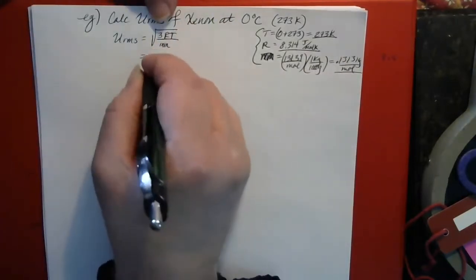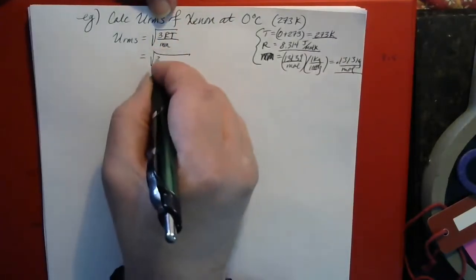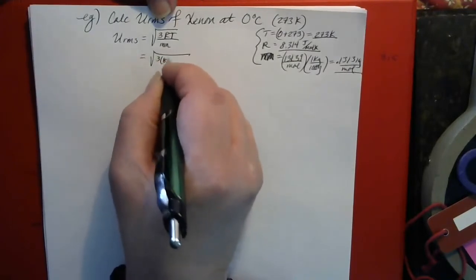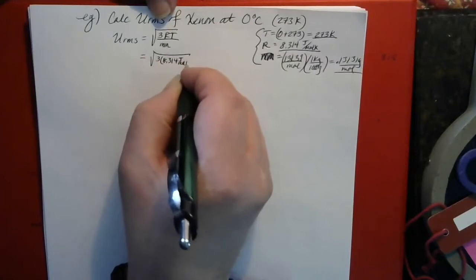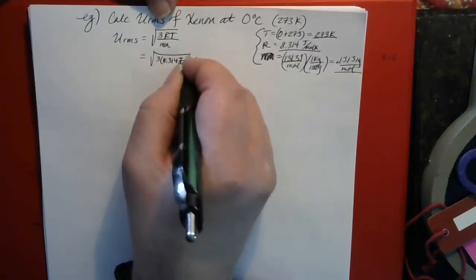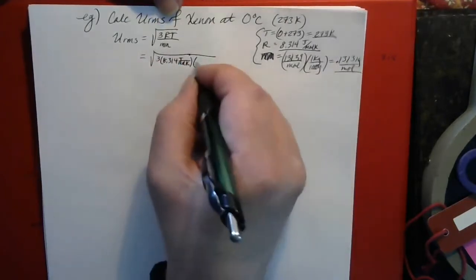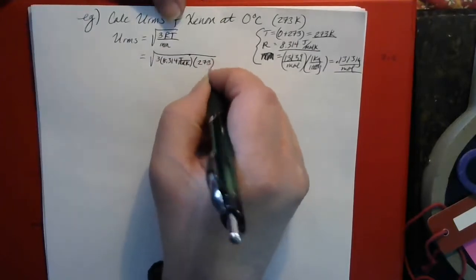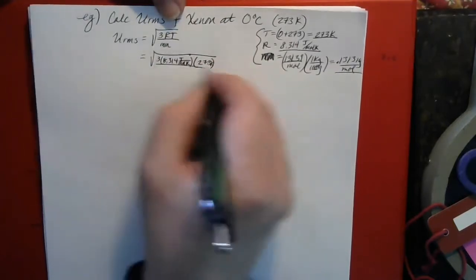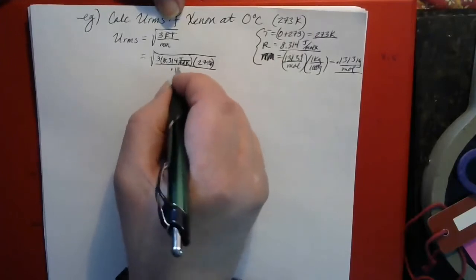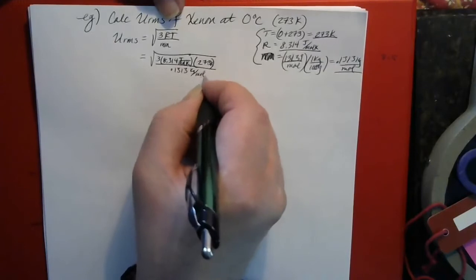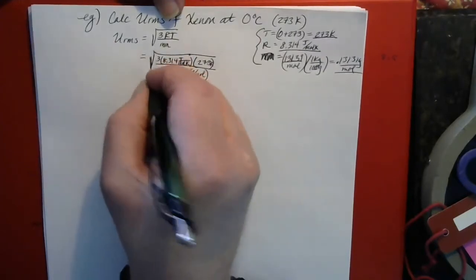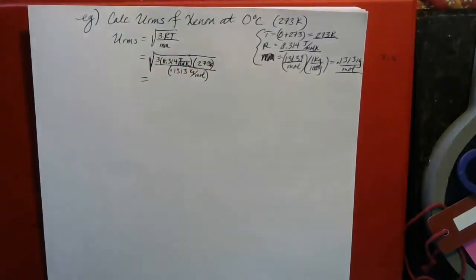And so we can put these into the equation where you have the square root of 3 times 8.314 joules per mole Kelvin times 273 K all over 0.1313 kilograms per mole. And that's the square root of that.